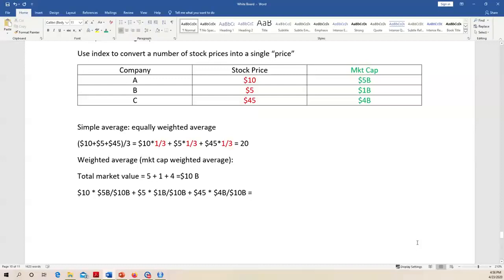And we can do some simplification. You can use a calculator to find out the final result. Let me do this using my calculator. So the answer is equal to 23.5. You can see this number is different from the previous number.